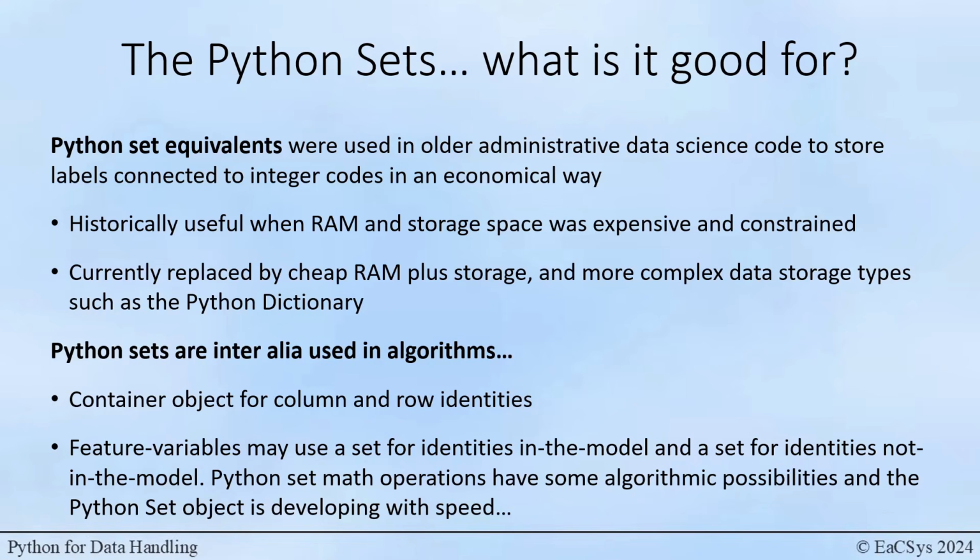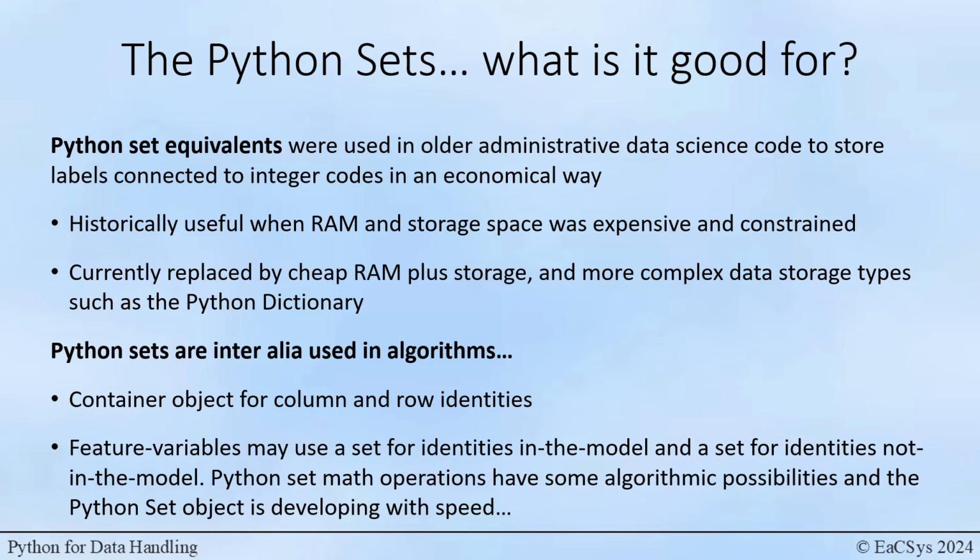So, the main use of Python set equivalents in older administrative data science code was to economically store labels connected to integer codes. The stored set codes were mainly geographical localities or telephone numbers, postal area codes, state codes, localities, or whatever type of codes you or anyone wanted to use.